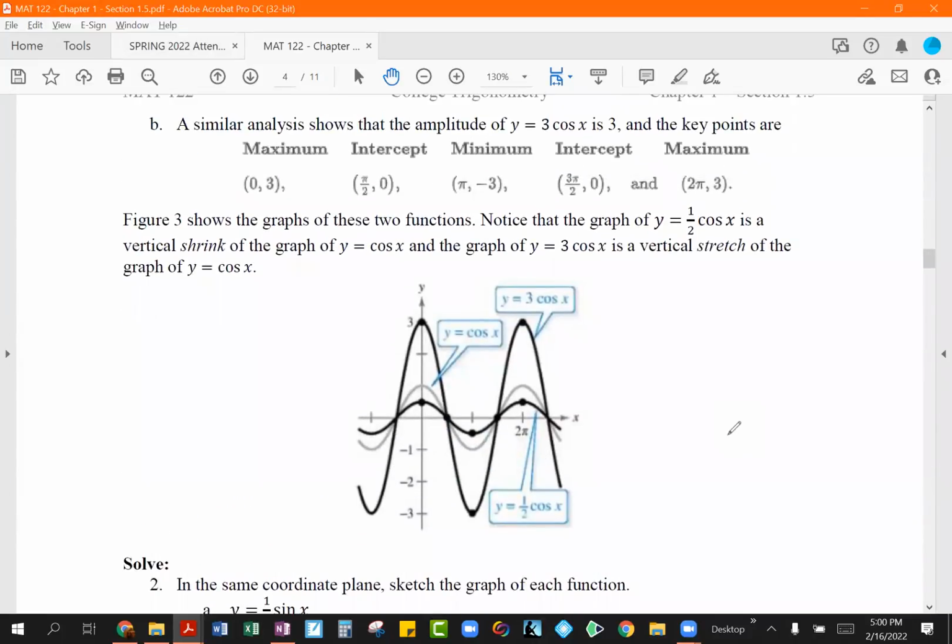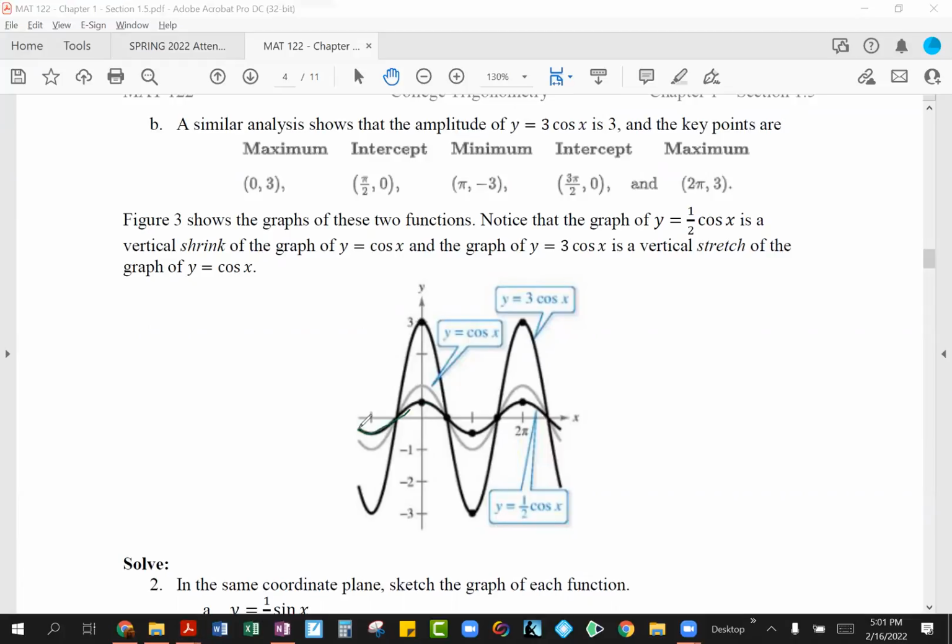There we go. It's actually this graph over here. That is your 1/2. Look at how much smaller the curve is compared to the one in the gray. The one in the gray is just your basic cosine function. And look, it's about halfway where the curve for the cosine is.